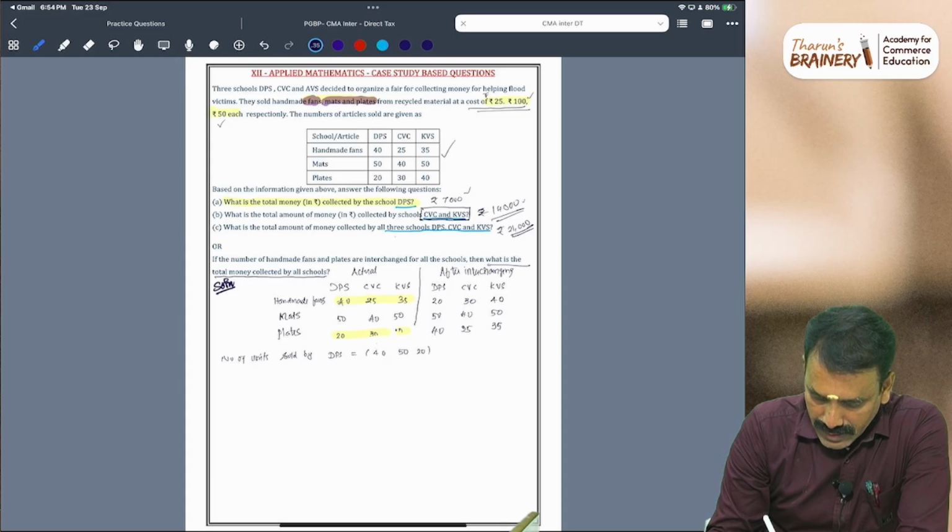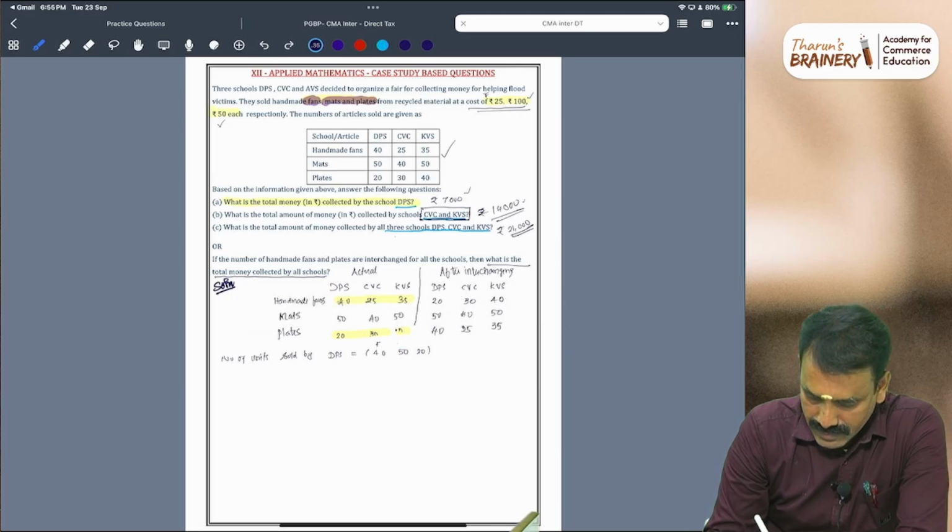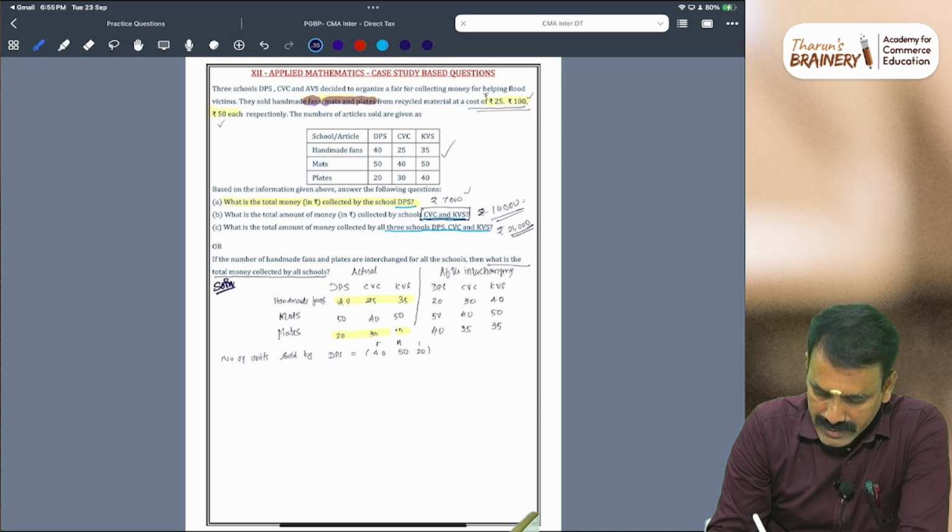The first one is going to be fan, the second one is going to be mat, and the third one is going to be plates.